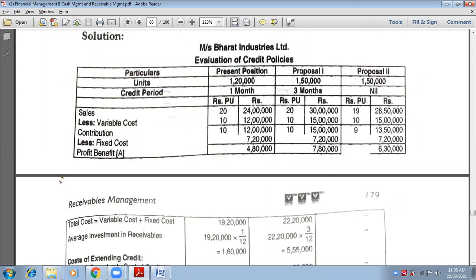Come on, quickly. 4 lakh 80,000. Very good. Same way for the next case: sales is 30 lakhs, and 30 lakhs into 20% is the net profit.